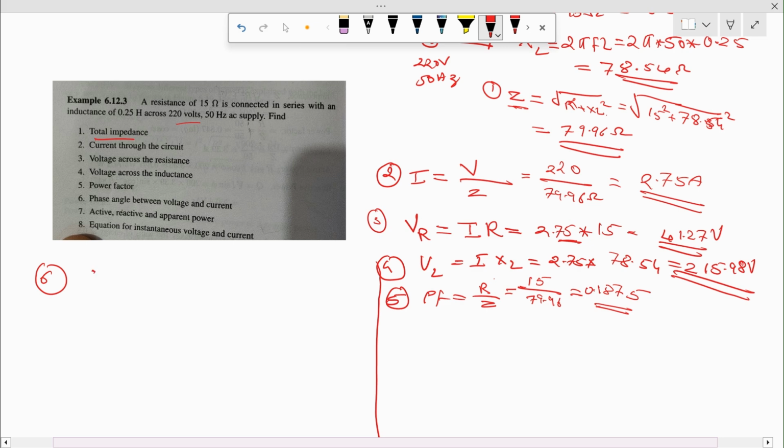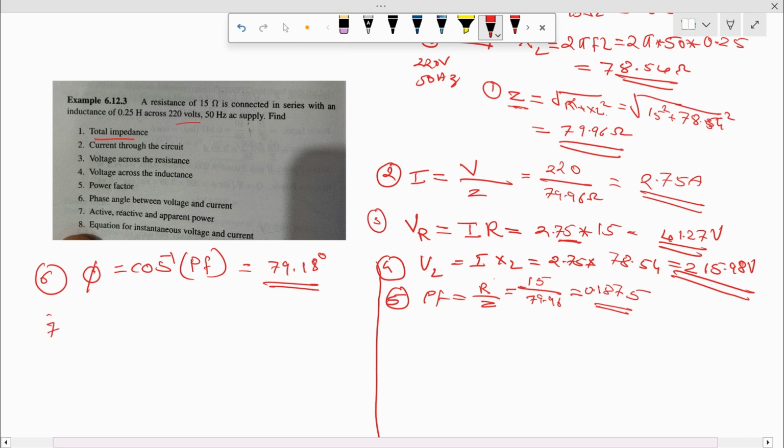So phase angle phi can be calculated as cos inverse of PF. Cos inverse of 0.1875 is 79.18 degree. So we got the phase angle between voltage and current.